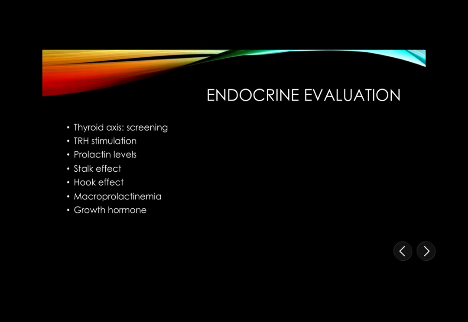Then we come to the prolactin levels. So prolactin levels are, first of all, under inhibitory control. Dopamine is a prolactin inhibiting factor which is released by the hypothalamus. Because it is already being produced, its mechanism is negative feedback. And under the inhibitory control, the prolactin level lies somewhere in between the normal values.